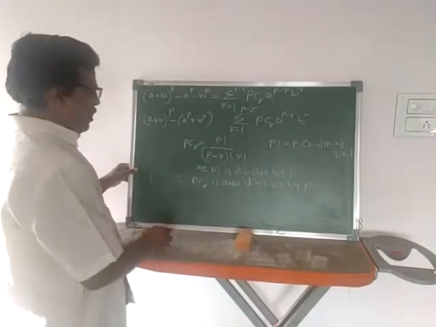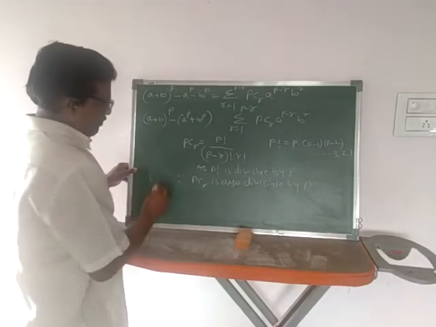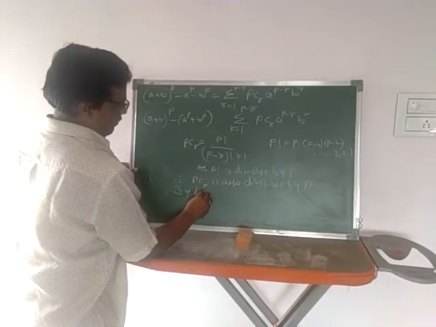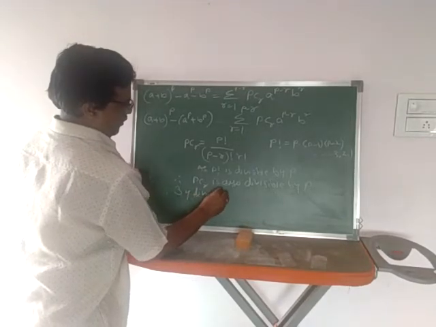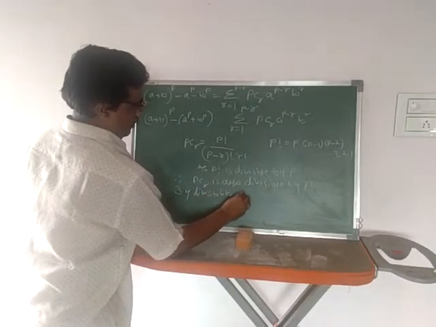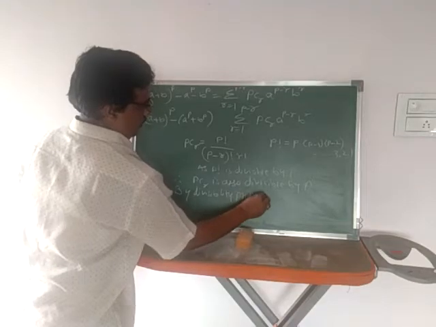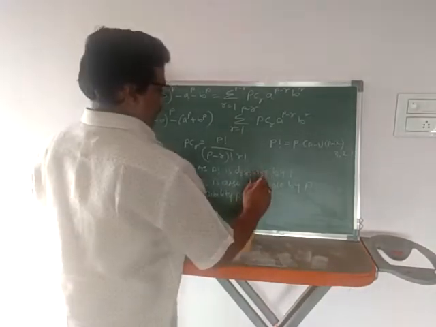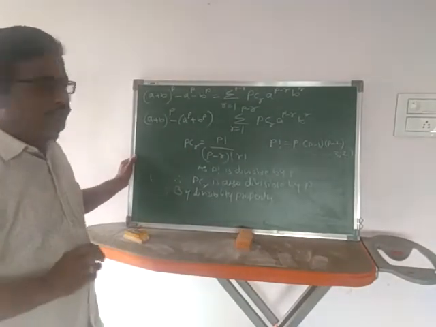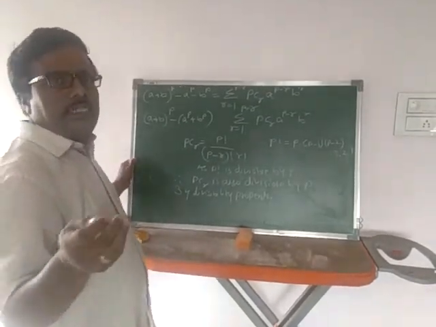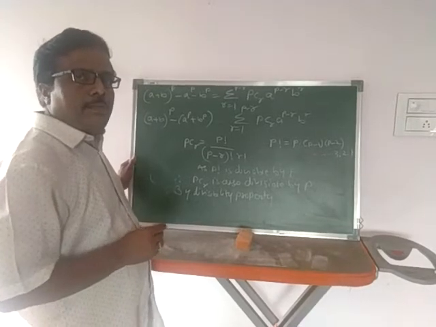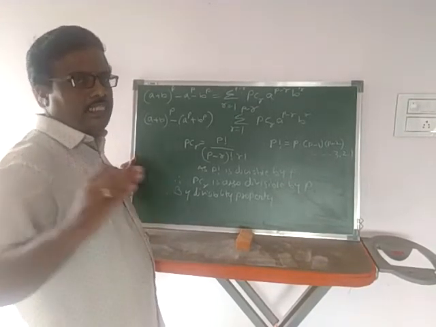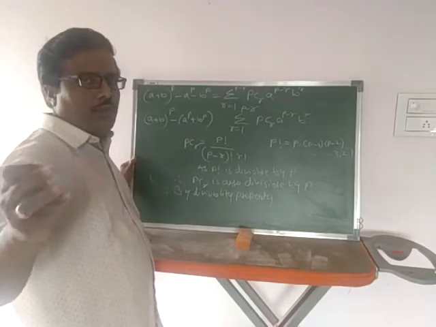Now by divisibility property, if a divides b, then there exists a number k such that b is equal to a into k.